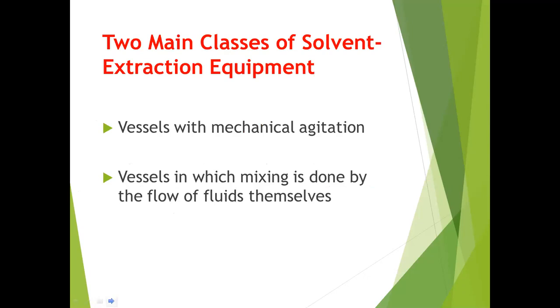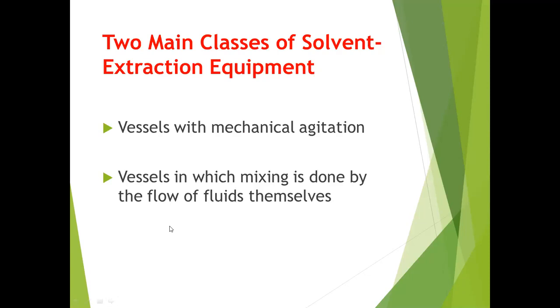Now, there are two main classes of solvent extraction equipment. It could be a simple vessel with an agitation system to homogenize the mixture, and then later allow the extract to be removed as the upper stream and the raffinate as the lower stream. Or it could be vessels in which mixing is done by the flow of the fluids themselves.